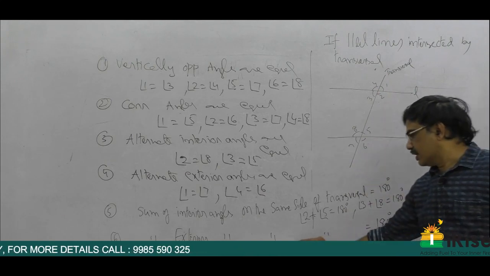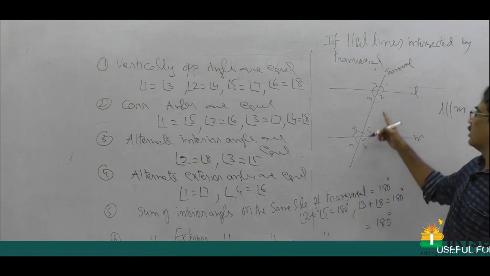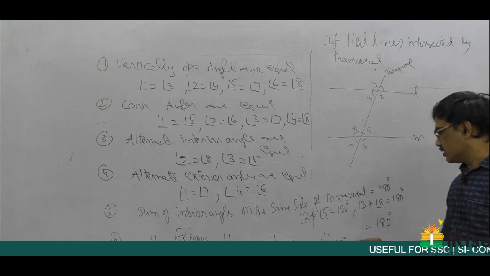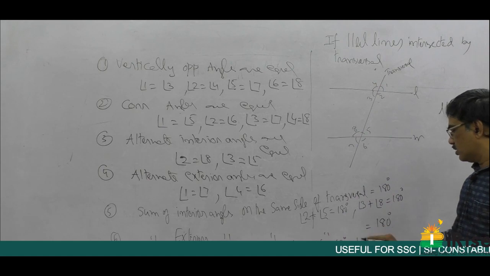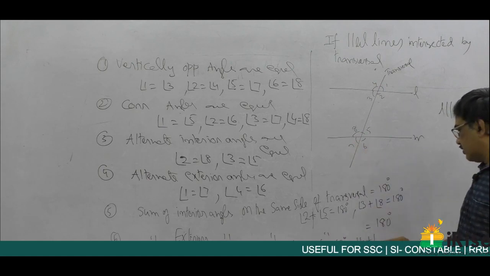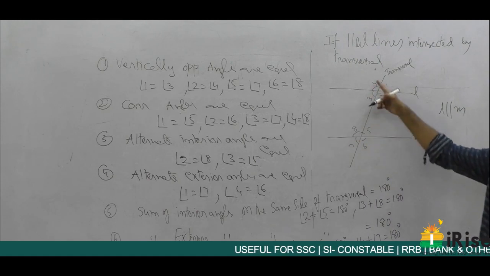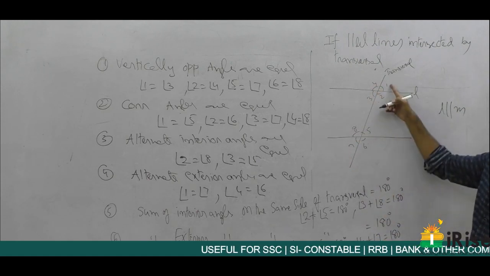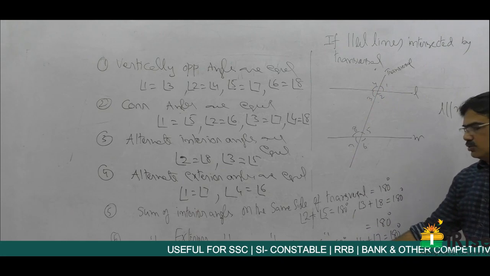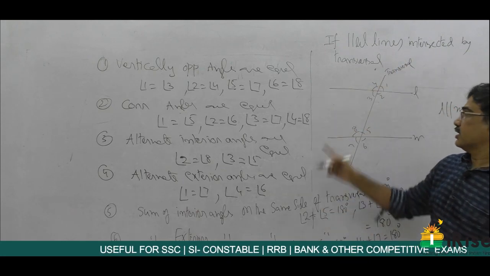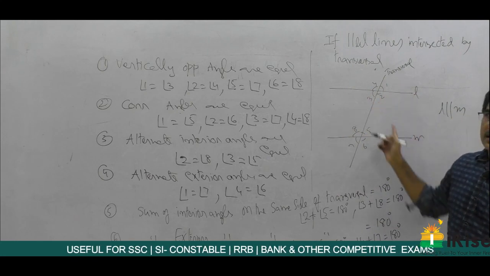That is, angle 1 plus angle 6 is equal to 180 degrees, angle 4 plus angle 7 is equal to 180 degrees. So these are the points related to the transversal.